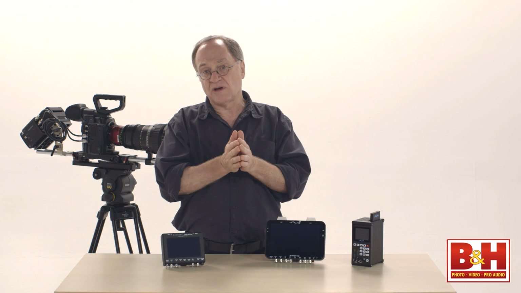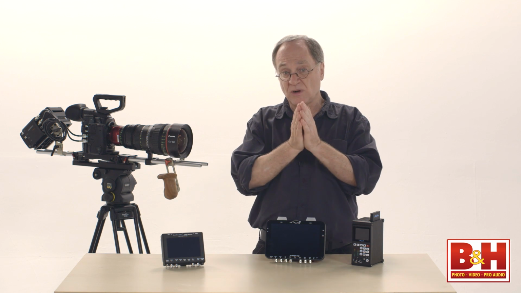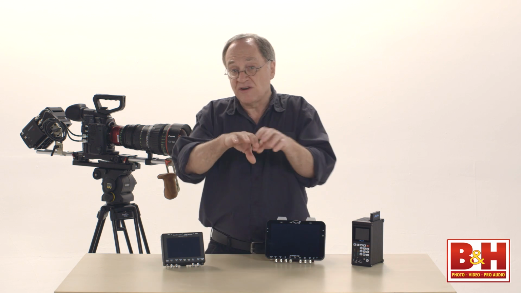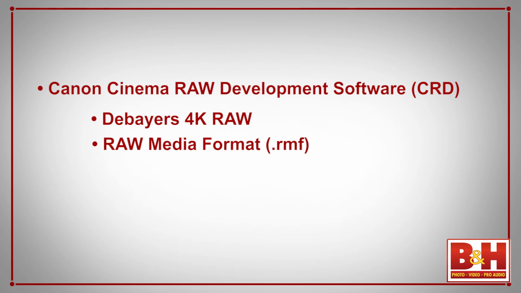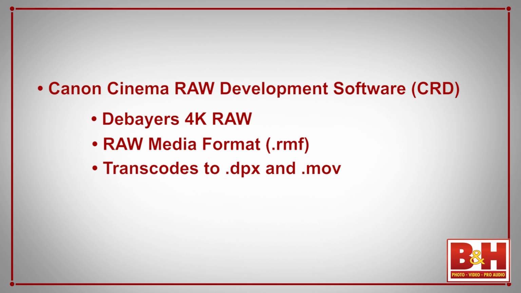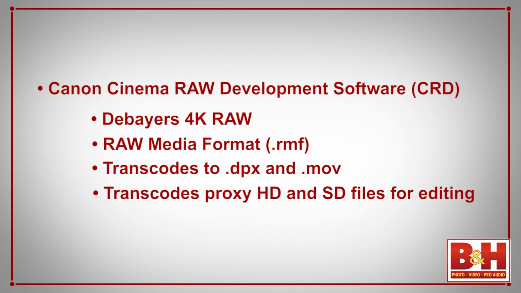What Cinema Raw Development Software also does is it debayers and transcodes not only to 4K .RMF files and DPX, but also to .mov, which you'll recognize as Apple's QuickTime format, as well as proxy HD and SD files for editing. Those are both transcoded and reduced down to either HD or standard def.